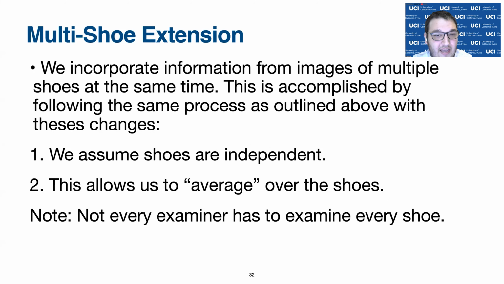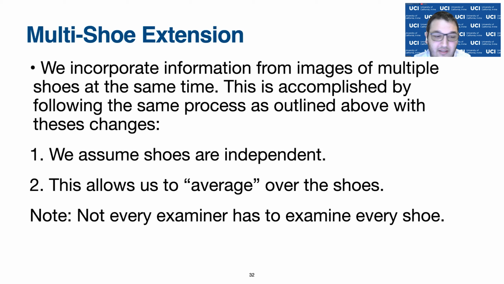So to first tackle sharing information across examinations by the same examiner, we introduced this multiple shoe extension. Here we're going to assume the shoes are independent from each other, and this really allows us to average over the shoes.